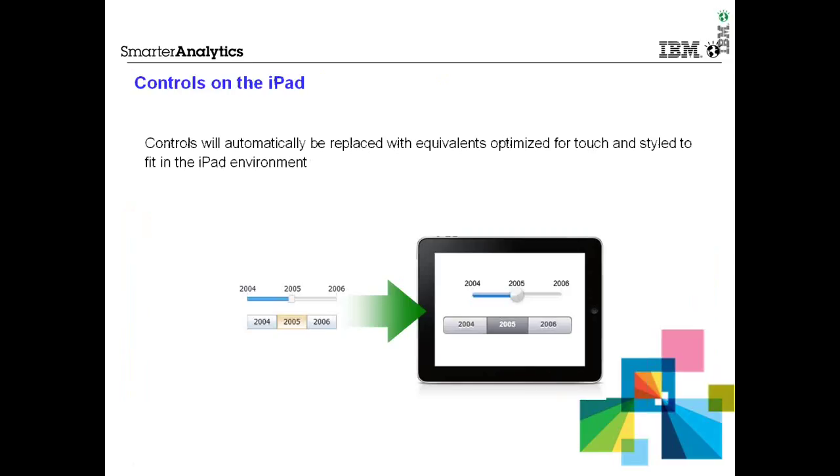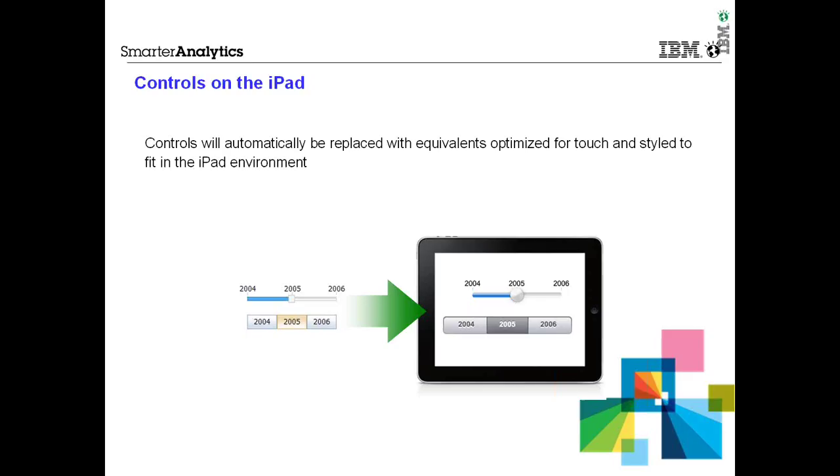Now, the question must have come up: I create an active report using Report Studio, it's there on my desktop, I can look at it. Do I have to do anything special when I'm moving it onto the iPad? The answer is no. You do not need to take care of those things. Those are taken care of by the apps themselves.